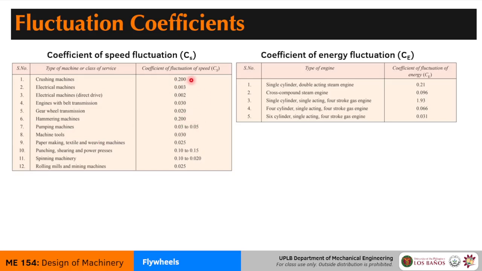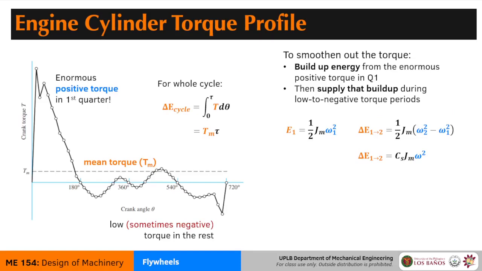Take note that these machines experience high shock loads. If it's not shock loads, it's a short burst of high intensity operation. So when you have a high intensity operation, the fluctuation in the speed of your rotation tends to be very wild.